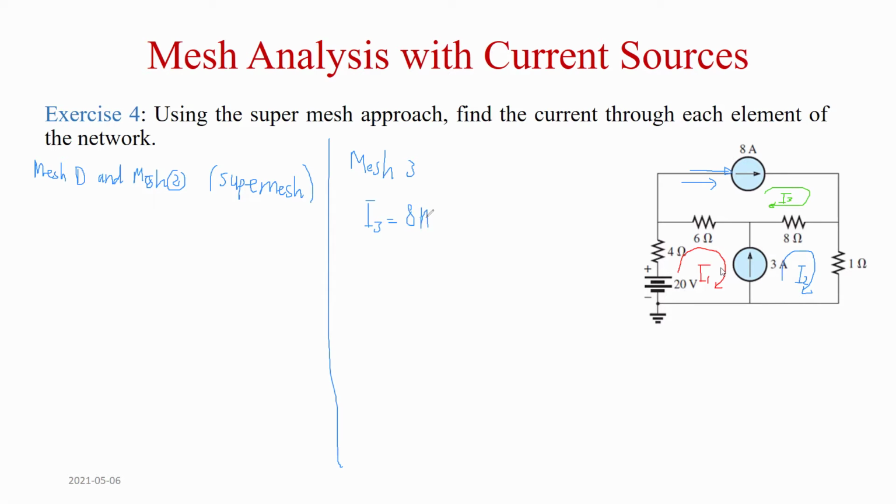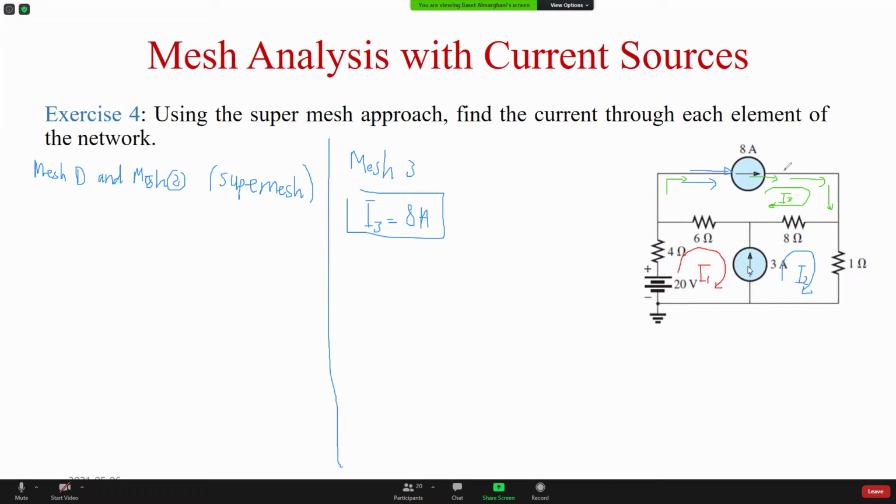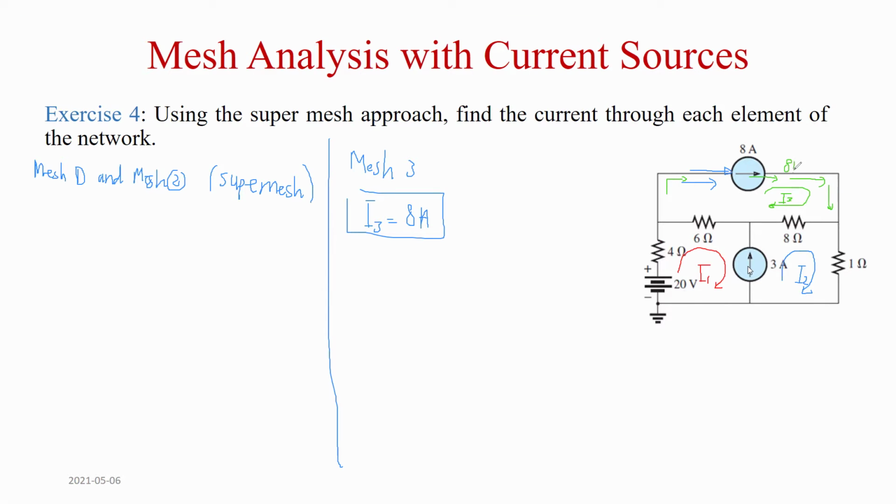The third mesh is solved right away because this is the direction of the mesh current, and it is the same direction as the source and in the same branch. The current here is 8 ampere, and this is the information that this source tells me. So we finish at I3.